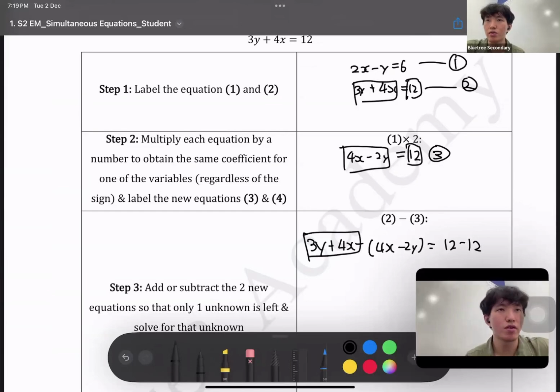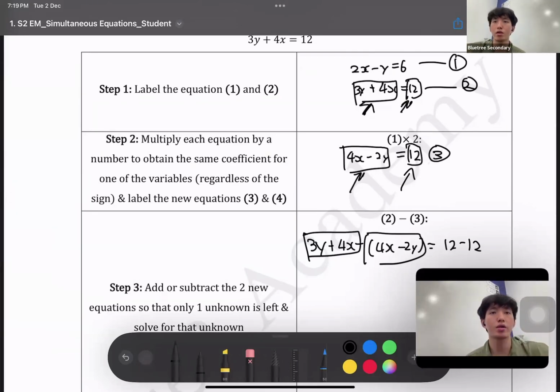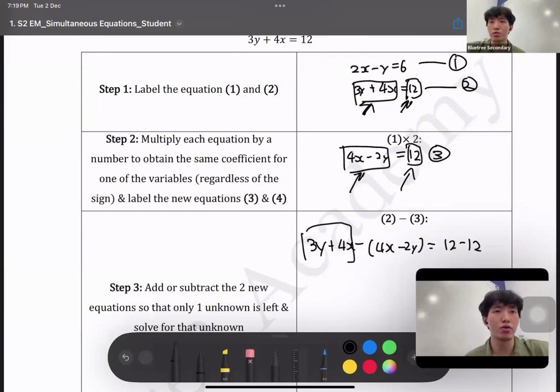Left side of equation 2 minus left side of equation 3 equals right side of equation 2 minus right side of equation 3. Another way you can think about this is 3y plus 4x equals 12, so that's how you get this 12 here. This 4x minus 2y equals this 12, so you're minusing 12.